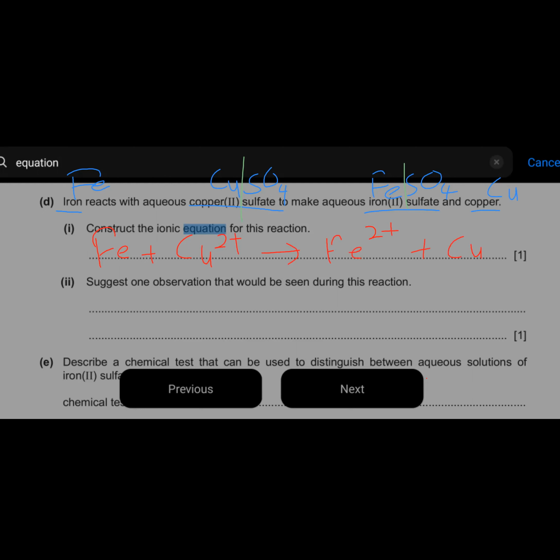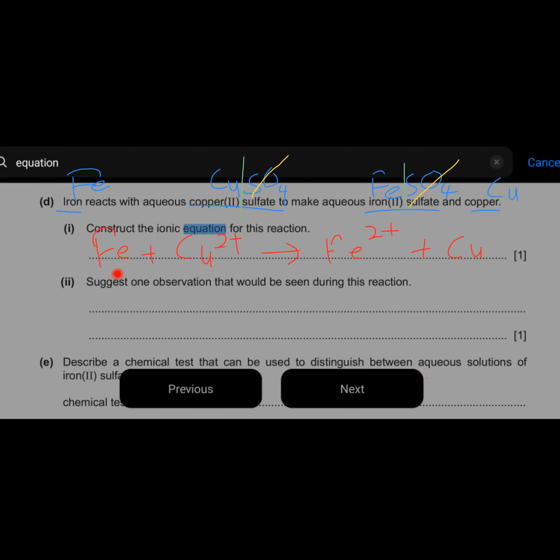Isn't it? Because sulfates get cancelled again. Sulfates are getting cancelled. They're the same. Copper 2 plus and iron 2 plus, you have to write the charges. Here it's iron, copper 2 plus here, and iron also 2 plus here, right?